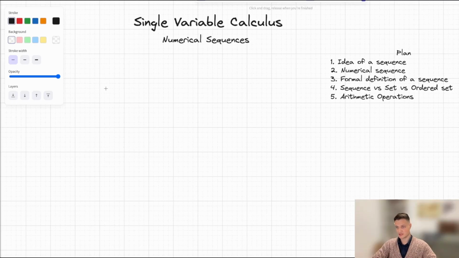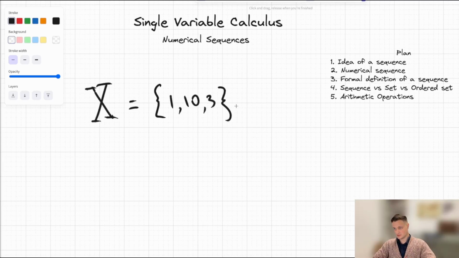For example, a set is defined again as an unordered collection of elements. For example, this one is equal to 3, 10, 1, because the order doesn't matter. There will be no duplicate elements by definition of a set, which is not true for sequences.